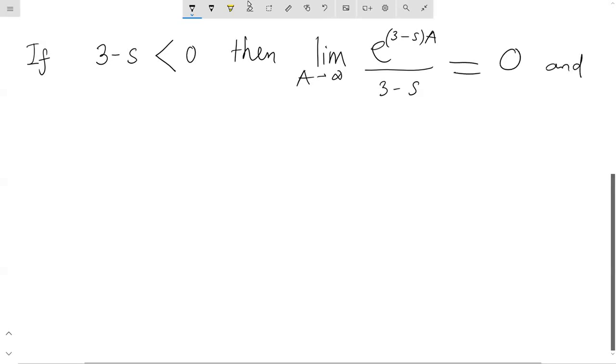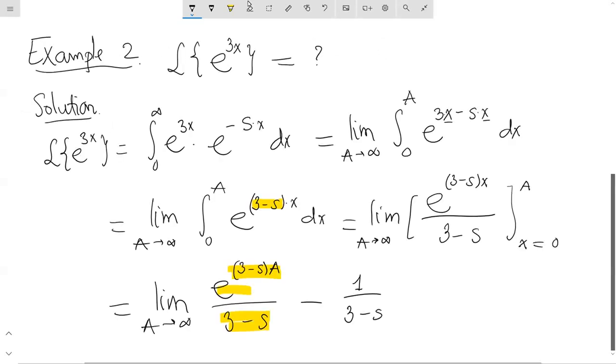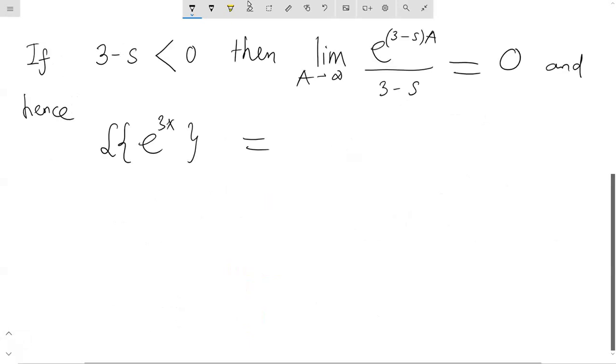And hence, the Laplace transform of e to 3x can be computed using the formula here. The limit would be 0, so we only have minus 1 over 3 minus s. And normally we would just distribute the minus sign in the denominator to get a better looking formula, 1 over s minus 3.